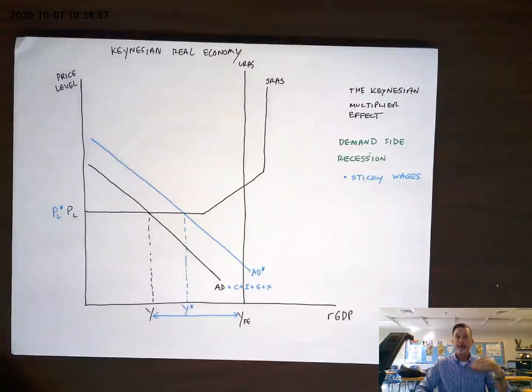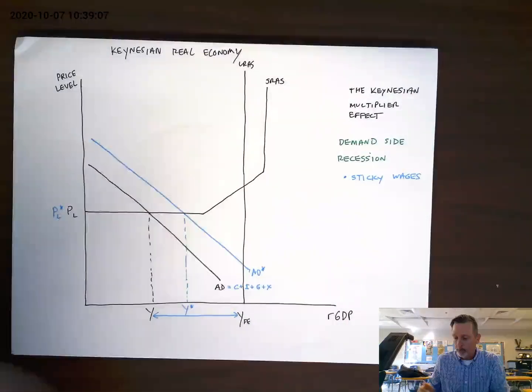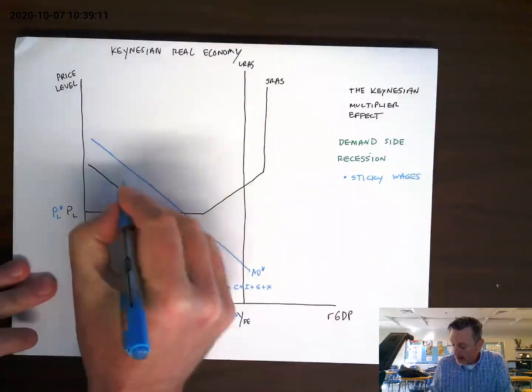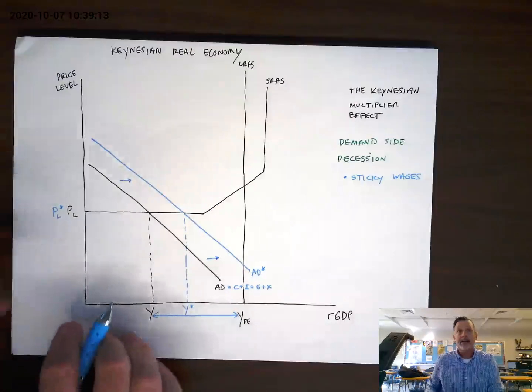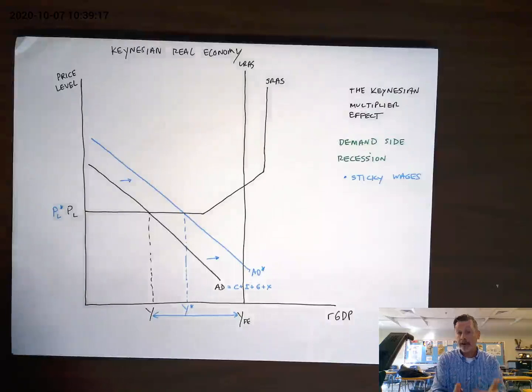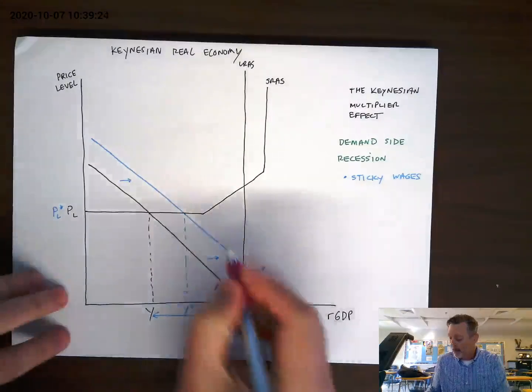After multiple rounds of spending, we get the multiplier effect. This initial round of government spending will lead to a second and larger increase in aggregate demand because of the multiple rounds of spending.